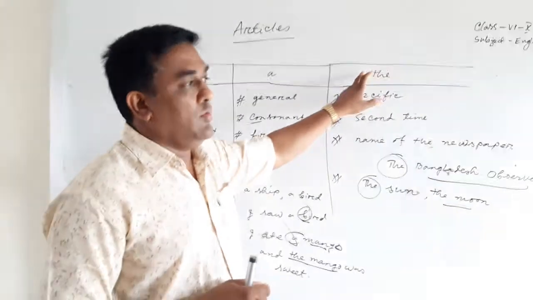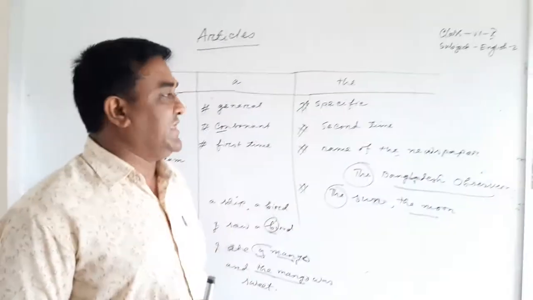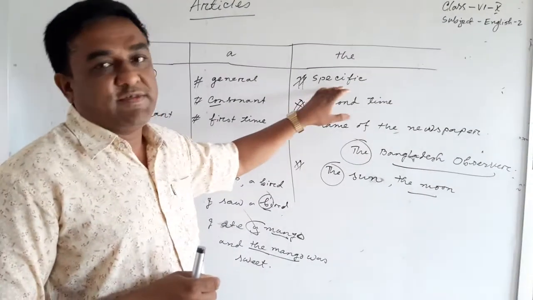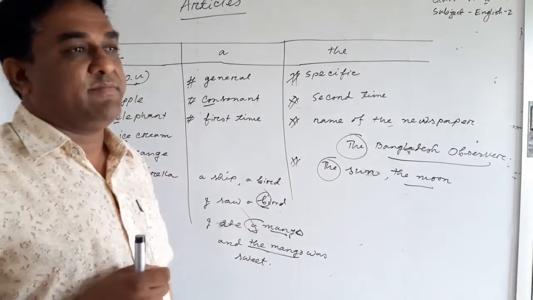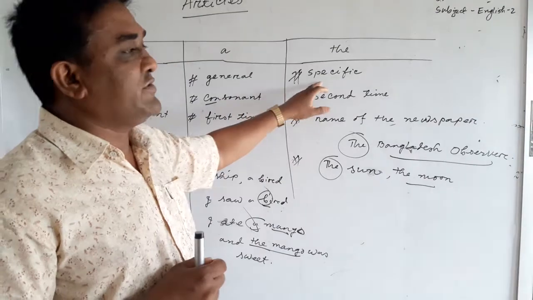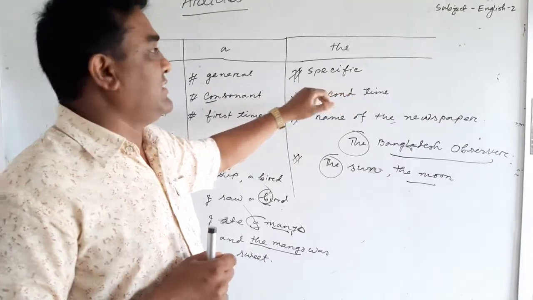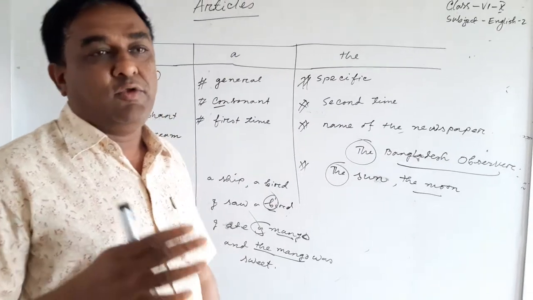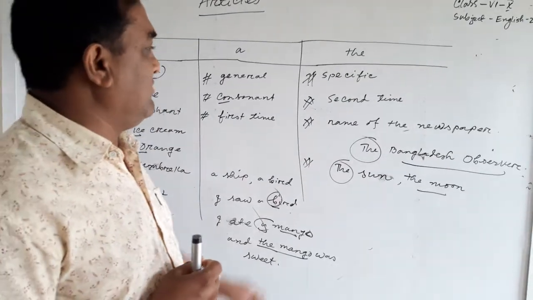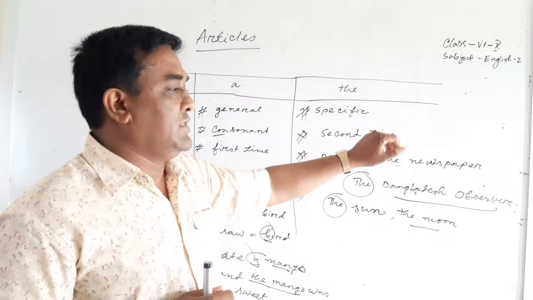Then where we use the. For specifying something, or when we mention something in specific, it takes the article the. Then second time, when we mention something for the second time, it takes the.